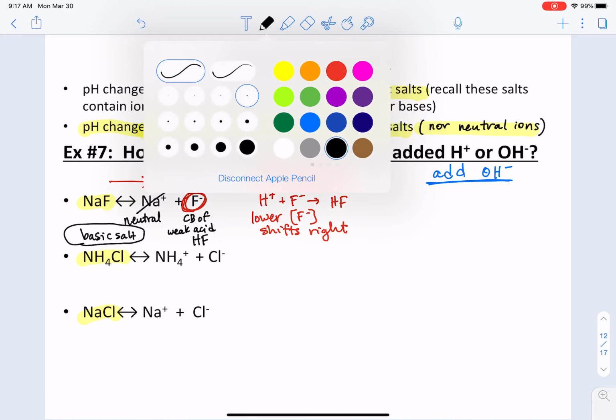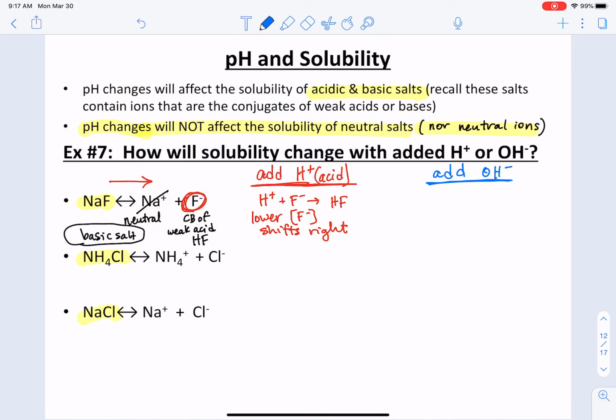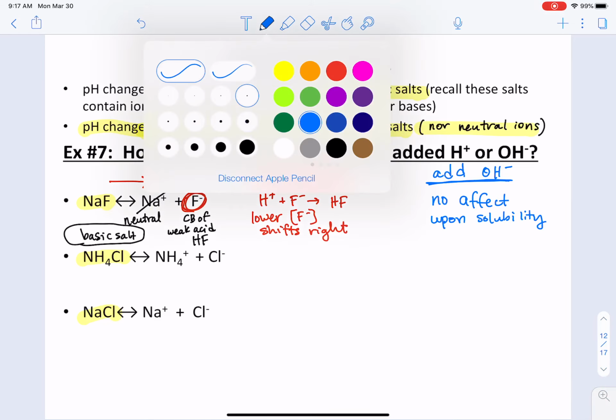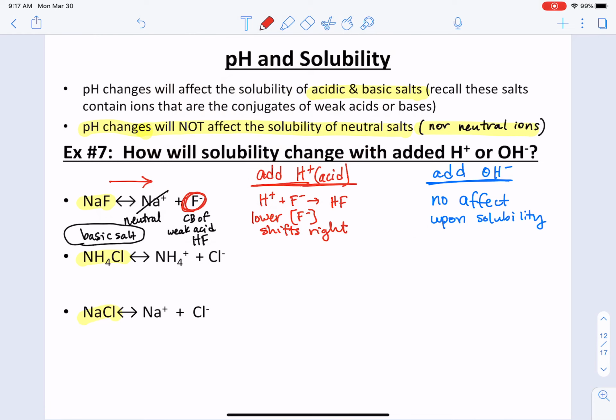If we were to add a base to this, it is going to have no effect. Okay, it's going to have no effect to solubility. So when it was an acid, it increased the solubility because it shifts to the right.